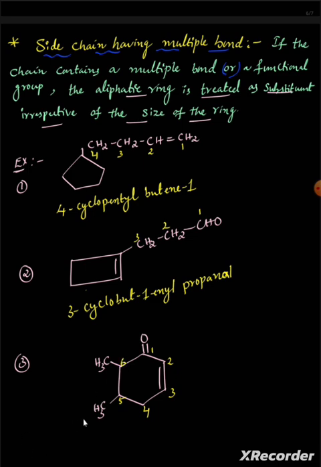Okay, 5,6 dimethyl cyclohexene is there on second carbon, double bond is there second carbon position. In first carbon having keto group, that is suffix one. 5,6 dimethyl cyclohex 2 en 1 one.